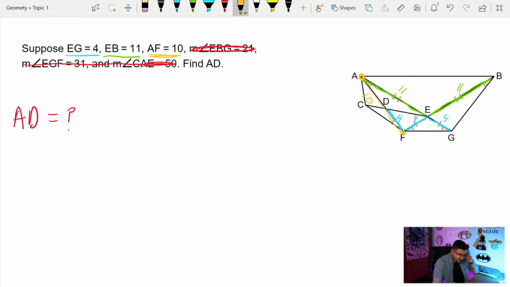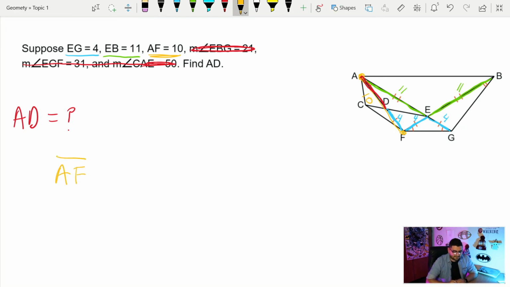Okay, and we want to know what is AD. So already, based on what we've learned on congruency, I can see 2 pieces of information that are going to help me find AD. AD is inside of the line AF, so I know the whole length of AF.